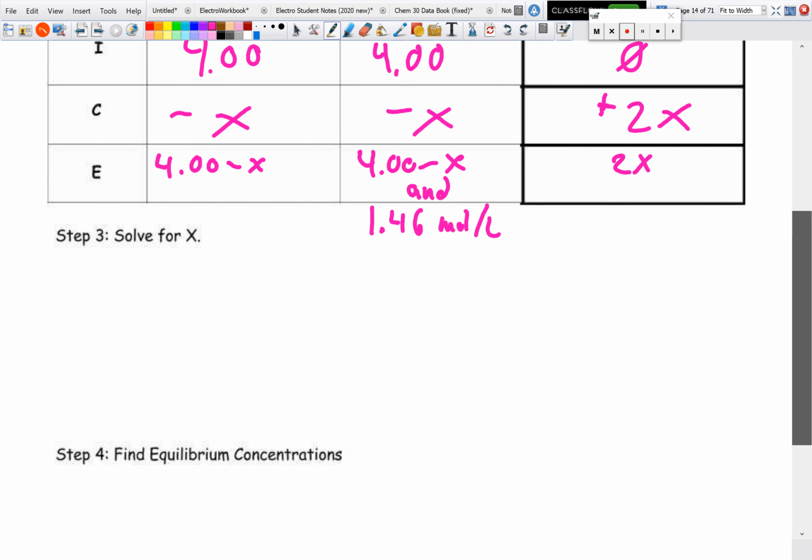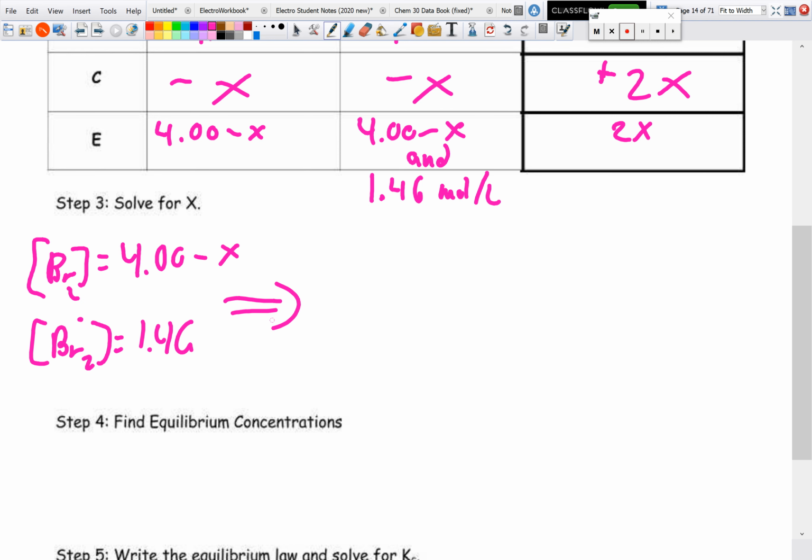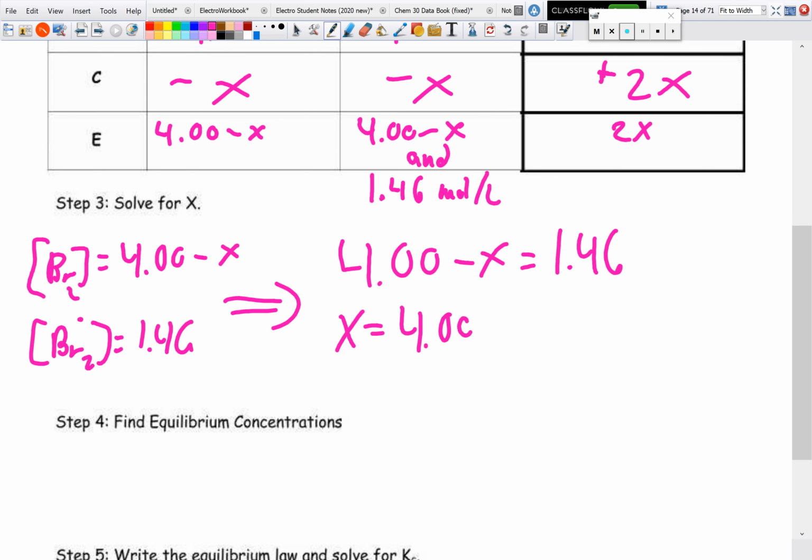We're going to have to use this to solve for x, where the concentration of bromine is equal to 4.00 minus x, and the concentration of bromine, Br2, is equal to 1.46. So we're going to combine two of these expressions. 4.00 minus x is equal to 1.46. And when we solve, x is equal to 4.00 minus 1.46, and x is equal to 2.54.